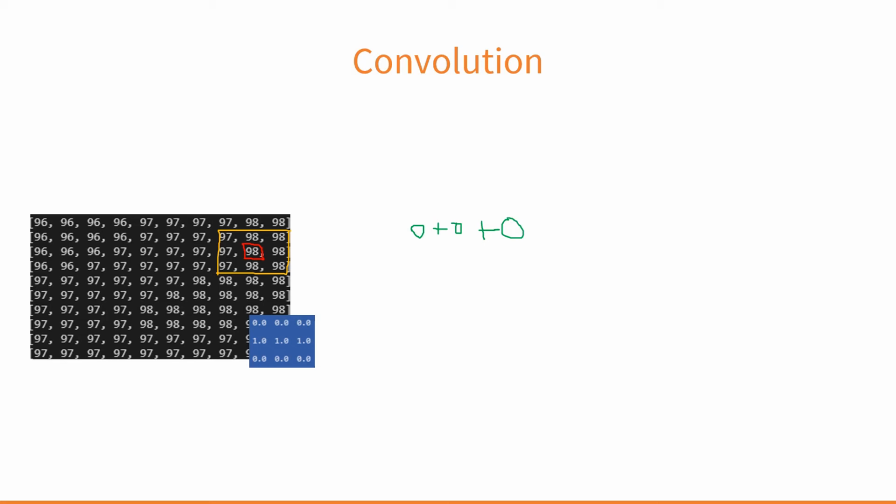Here I am going to have some value because I'm multiplying with 1, and it will come as 97. Then I'm multiplying the center pixel with the central kernel weight, and it is 98, and here 1, so here also 98.